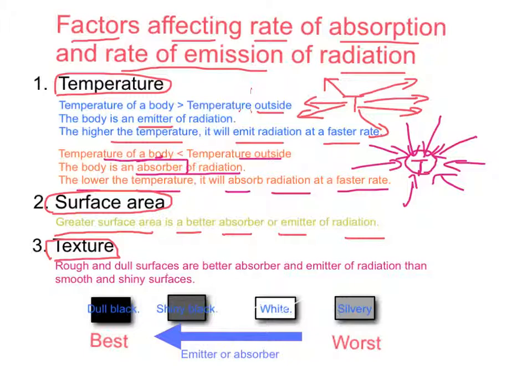If the body has a rough and dull surface, dull means 啞色, it is a better absorber and emitter of radiation than a smooth, 滑, and shiny surface, 光靈.